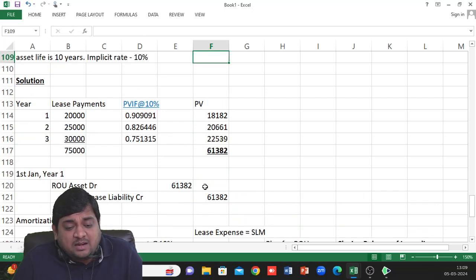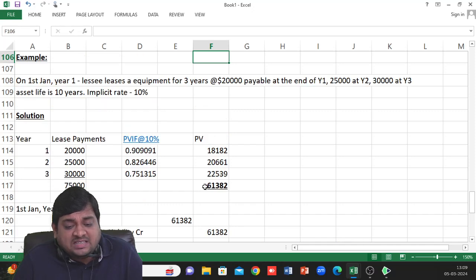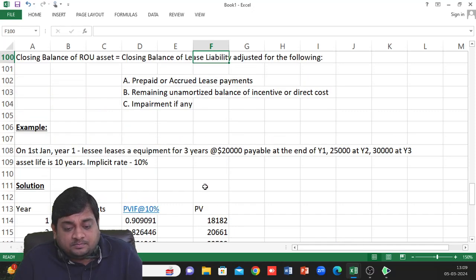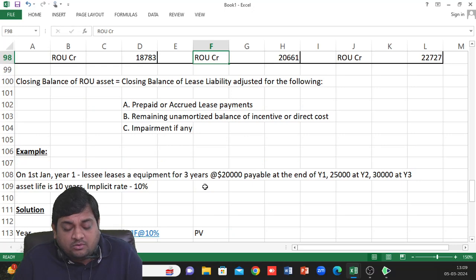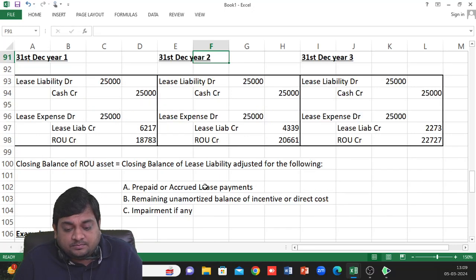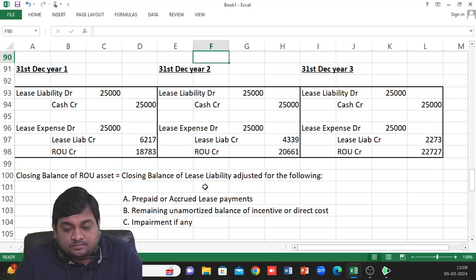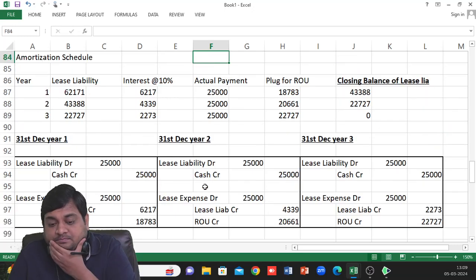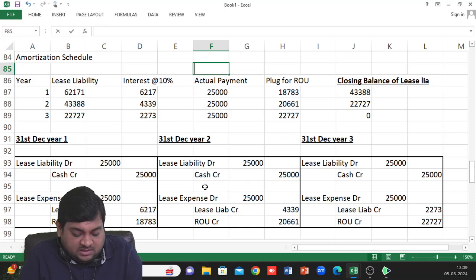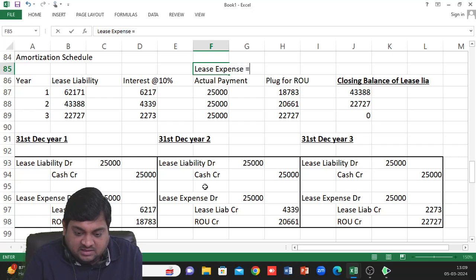Here expense and payment are the same, no problem in the previous example. Can you see here? This is lease expense equal to SLM.